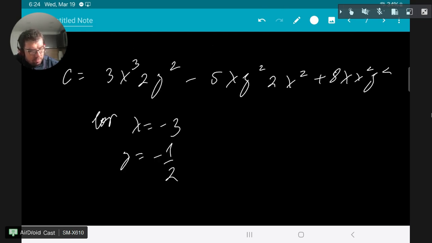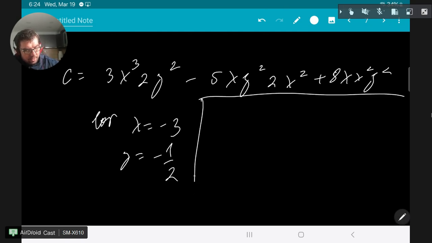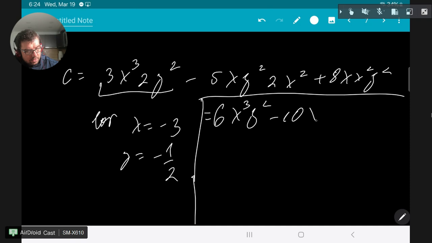What about this one? I need to present in standard form, right? They're not in standard form. So the first one, I need to multiply 2 times 3 is 6, x to the power of 3, y to the power of 2, then minus 10, x to the power of 3, y to the power of 2, plus 8, x to the power of 3, y to the power of 2.